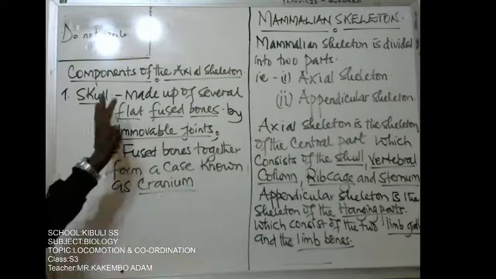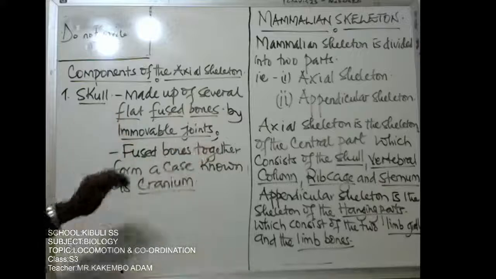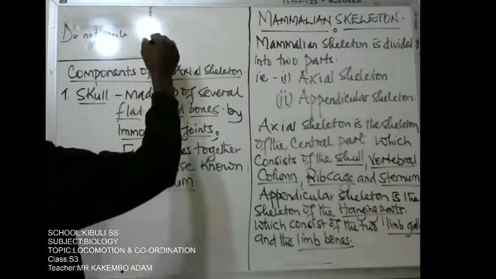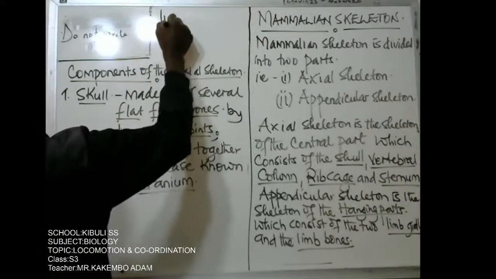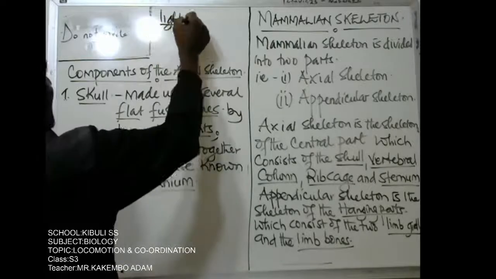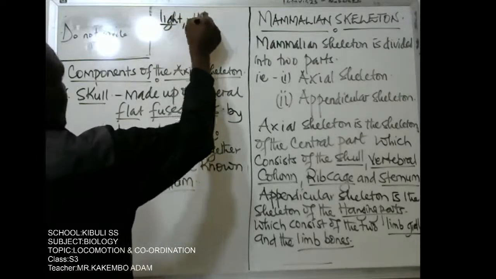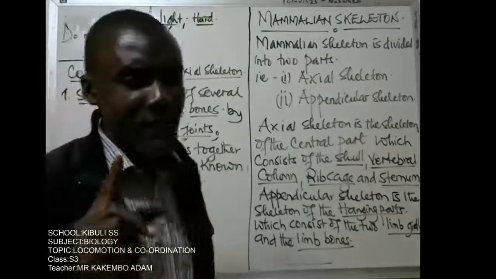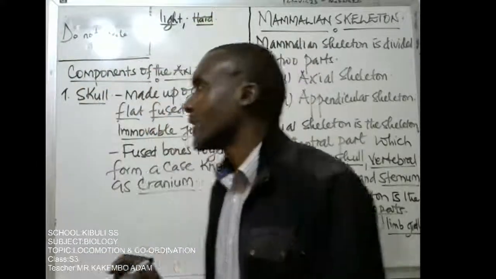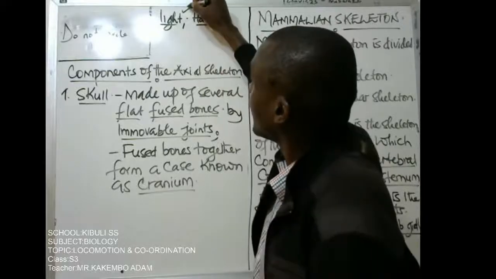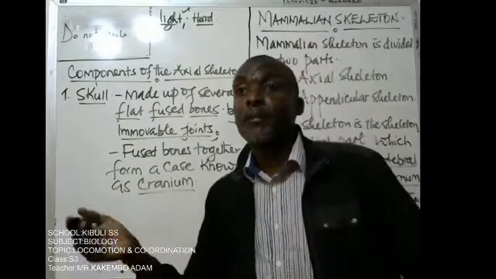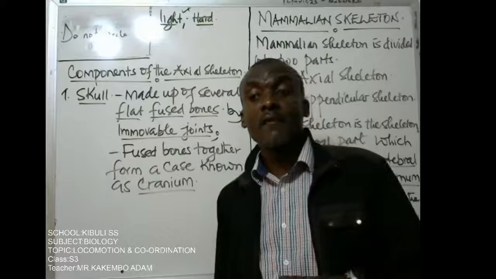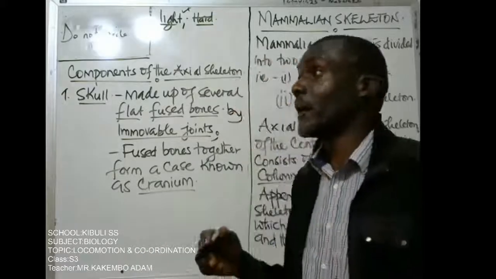All the bones that make up the skull, those fused flat bones, take note, they are light but hard. That has an advantage to an organism, because they are light, it doesn't pose a lot of heaviness and weight on the body of the animal.